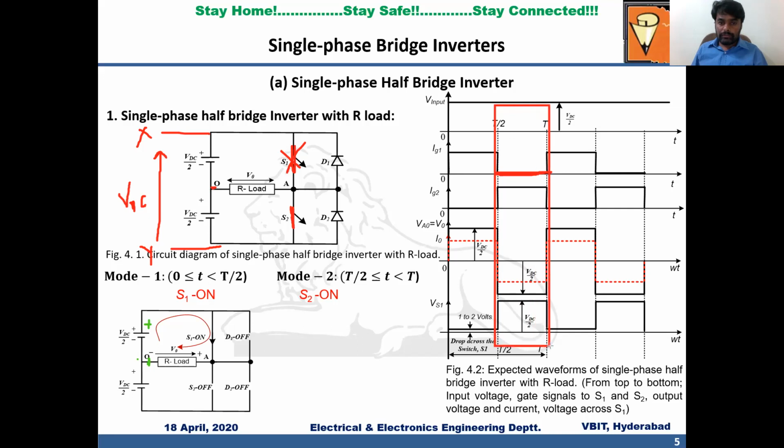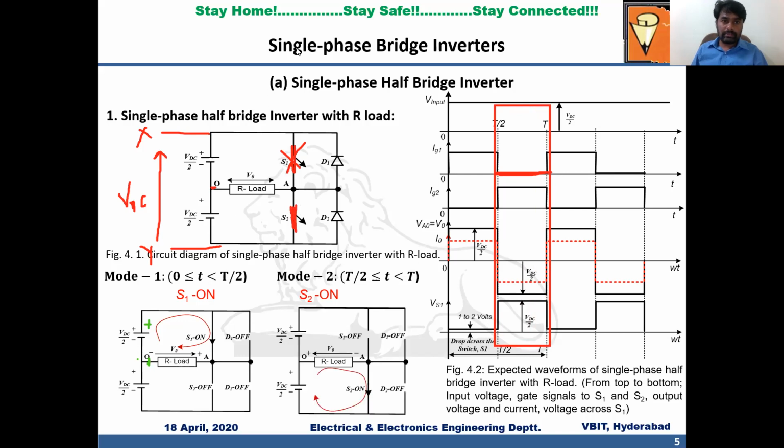Now I want to apply triggering pulse to S2, so S2 will be in on condition now. So the equivalent circuit will be something like this. It is replaced by short circuit, and the current always leaves from positive terminal. So it is leaving from VDC/2 positive to O, load, terminal A, S2, and VDC negative. So you can see the direction of current.